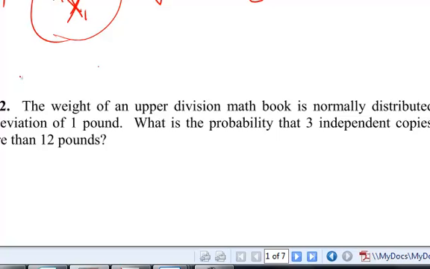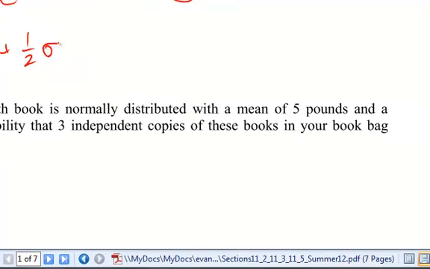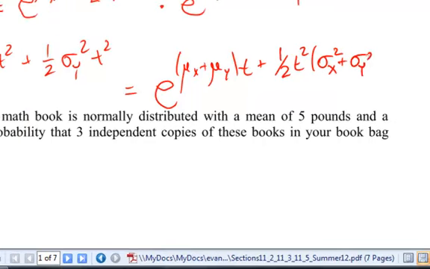I'm multiplying, so this is e to the mu x t plus mu y t plus 1/2 sigma x squared t squared plus 1/2 sigma y squared t squared. Writing it a little more nicely, this is e to the (mu x plus mu y) t plus 1/2 t squared (sigma x squared plus sigma y squared).